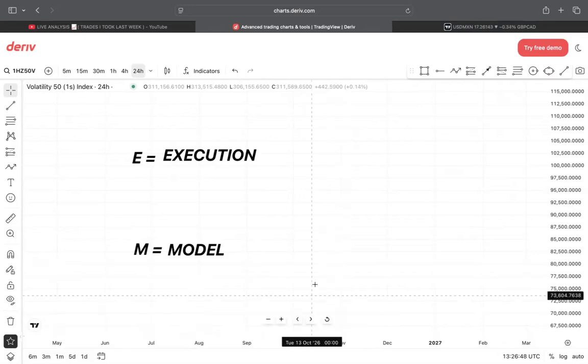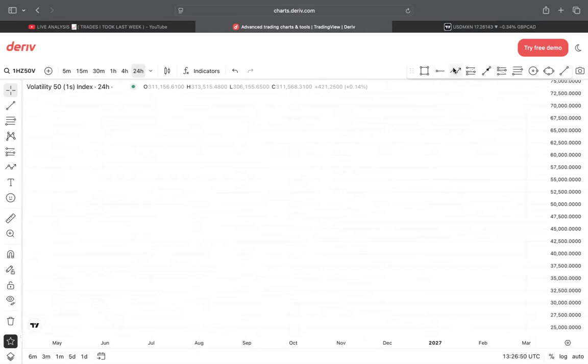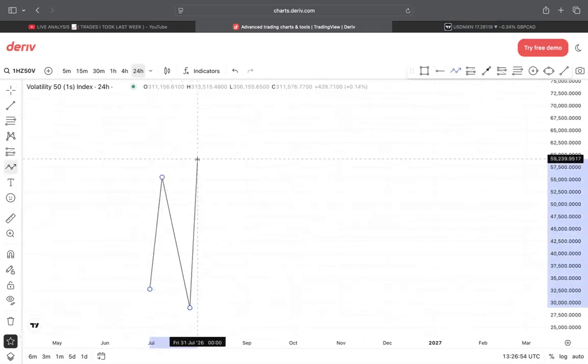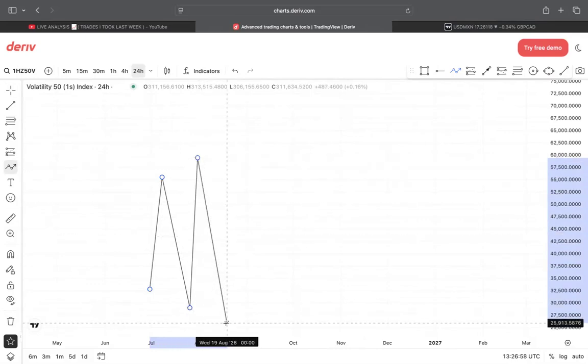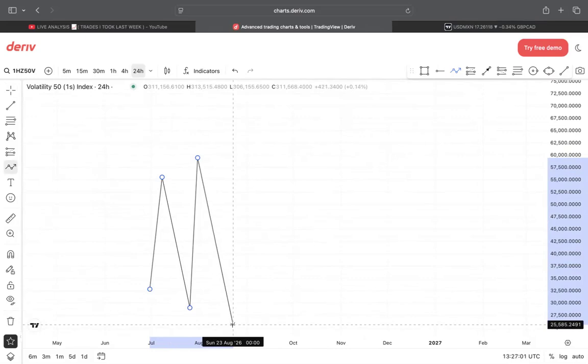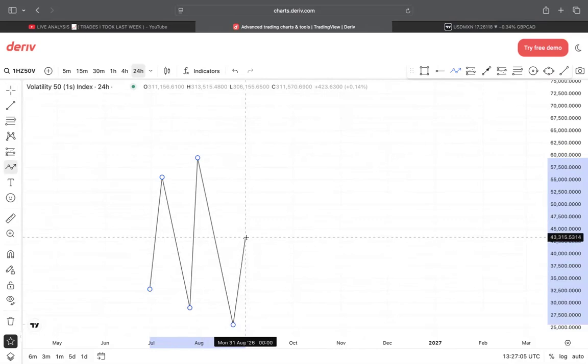Okay, so the setup goes like this. The first thing I'm waiting for is a sweep of liquidity like this, which is inducement, and then I have a break of structure to the downside, which is my structural liquidity used for the correction of the market.